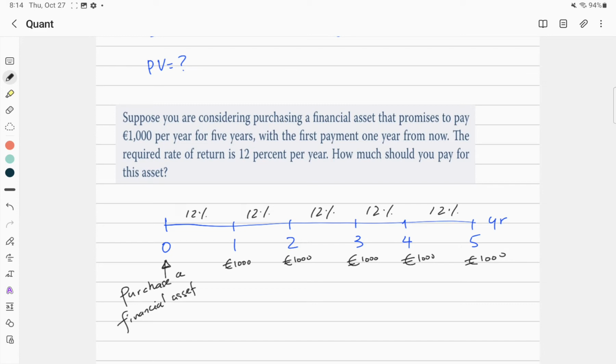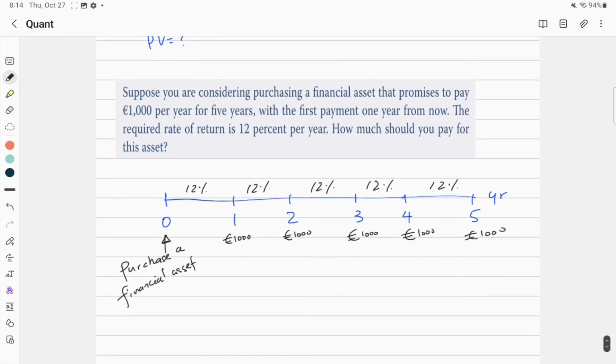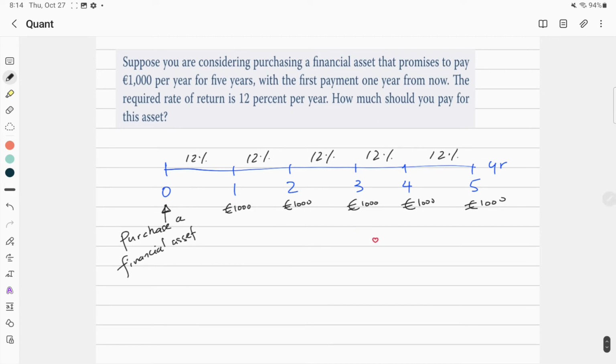This cash flow is out of the account because it's being paid to you. So this is basically the problem: how much should you pay at present for this financial asset?